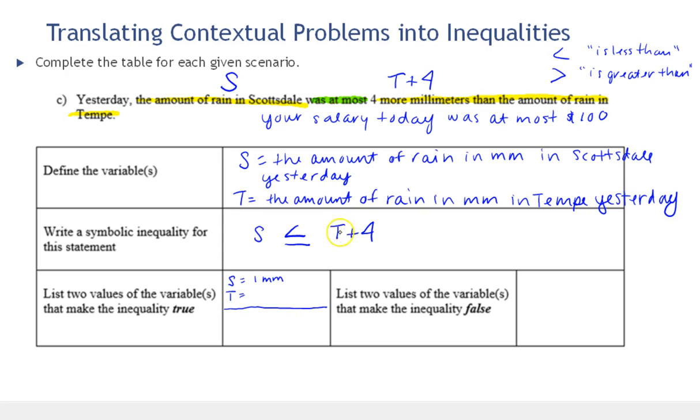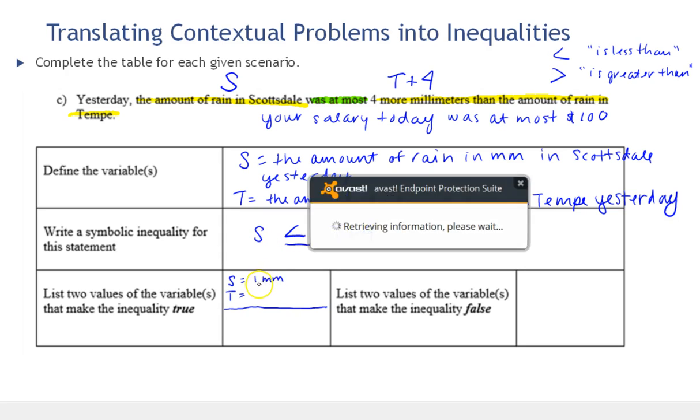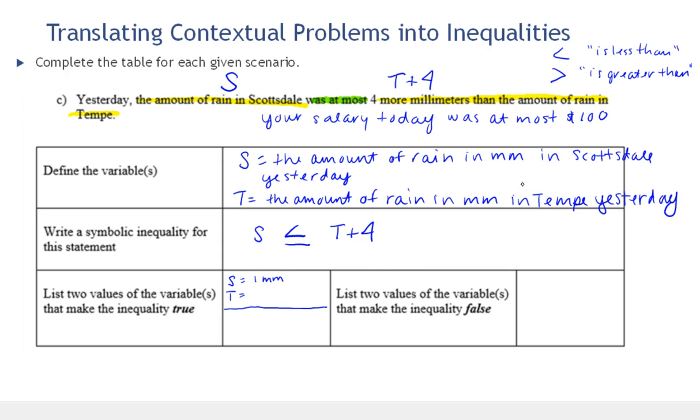So notice there's a whole bunch of values that can be true, even with the S being equal to 1 millimeter. So I'm going to pick Tempe. Let's give them 2 millimeters of rain. Only in Arizona do we measure rain in millimeters. Okay, so let's just check that this is true. So Scottsdale is 1. Tempe would be 2 plus 4, which is 6, and 1 is less than or equal to 6.